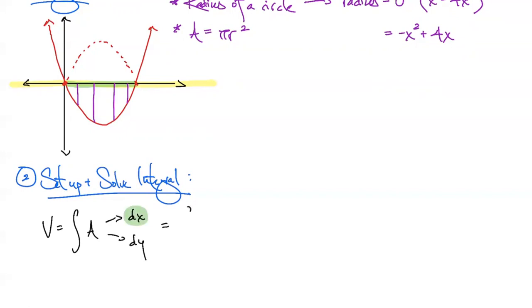And so we can say the integral from 0 to 4 of pi times the radius squared dx. Now I saw earlier that someone had said something about pi r squared over 2, and I'm wondering where that divided by 2 came from.